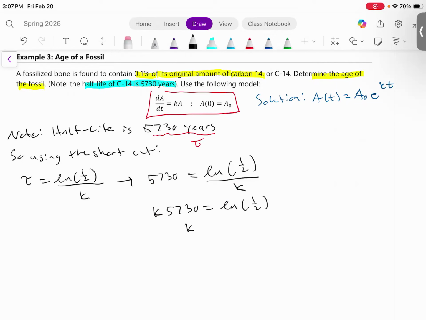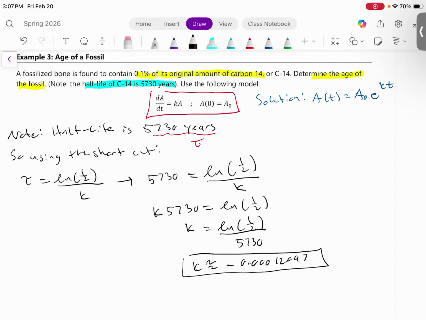Divide 5,730 to both sides, and what we end up with is k is approximately, if you throw this in your calculator, negative 0.000121. Okay, so that is our k.